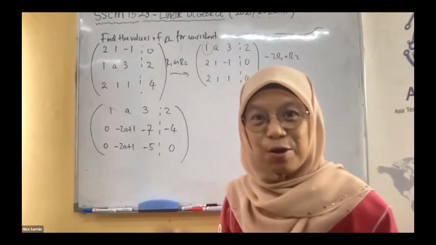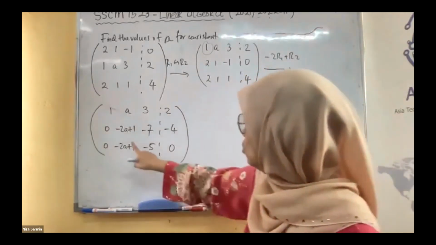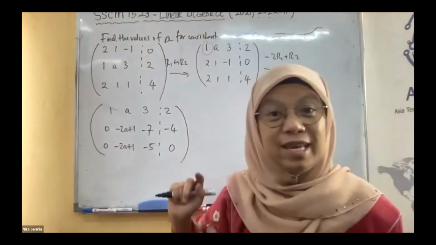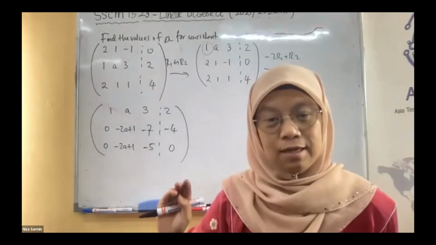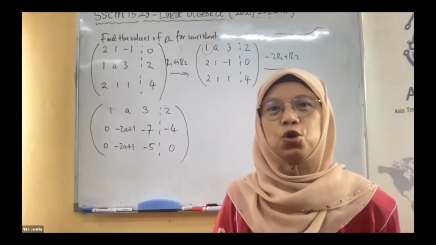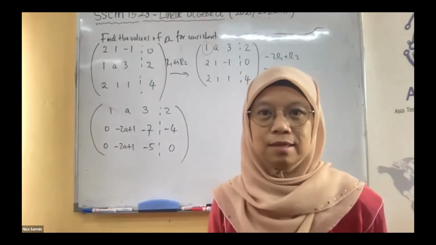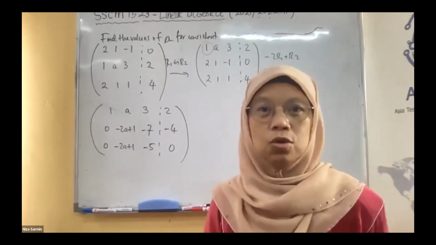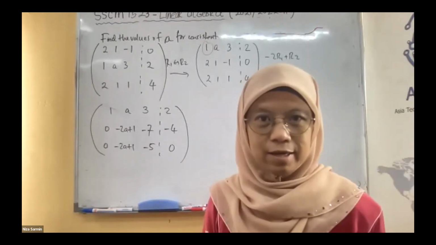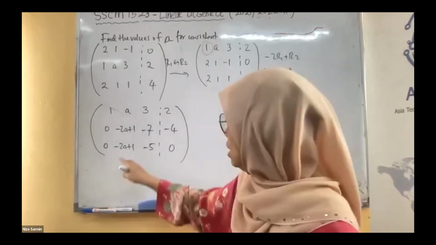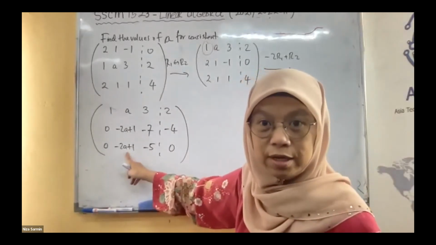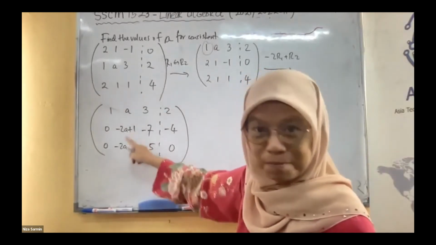Okay. Now, how do you solve this? As I said earlier, we don't know what A is. So don't divide by anything. But we need to make this 0, right? They're the same.